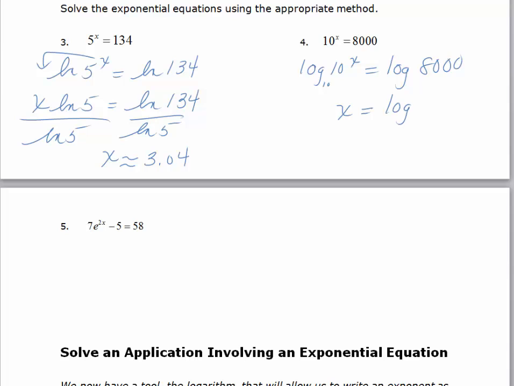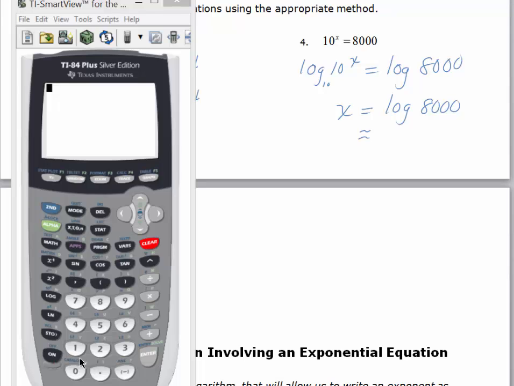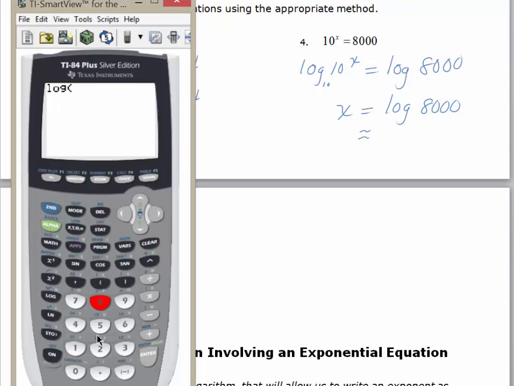So the exact answer is the log of 8,000, and we'll find the approximate answer by using our calculator. So we'll take the log of 8,000 and if we round to the nearest hundredth, the answer is approximately 3.90.